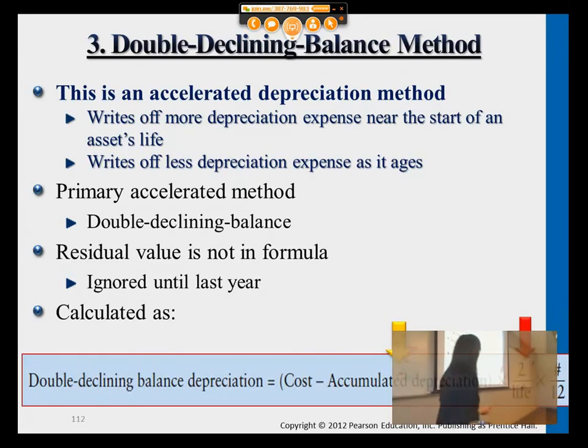Okay, so double declining, in that example earlier, we have 41,000 here, minus 0 for the first year, times 2 over 5. That will be the first year's depreciation. Now residual value is not in the formula, we just ignore it until the very last year.